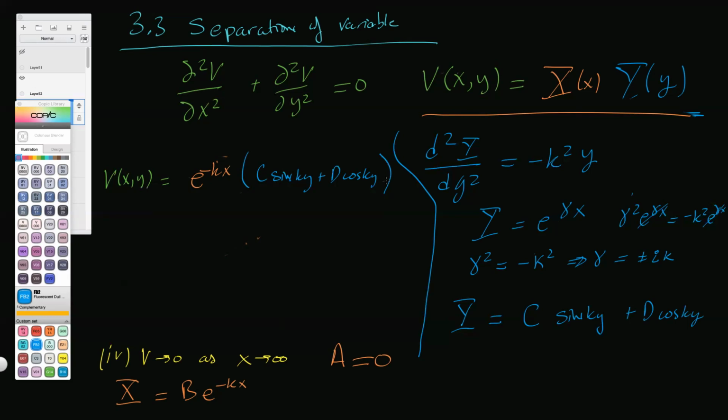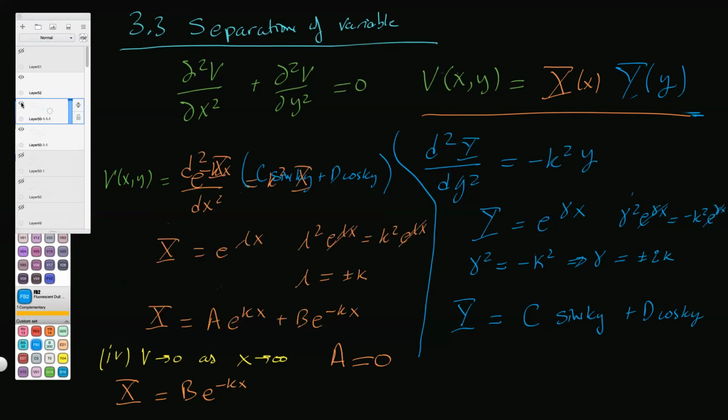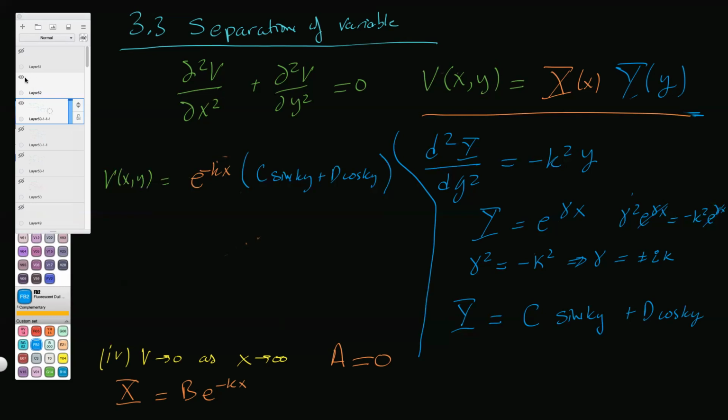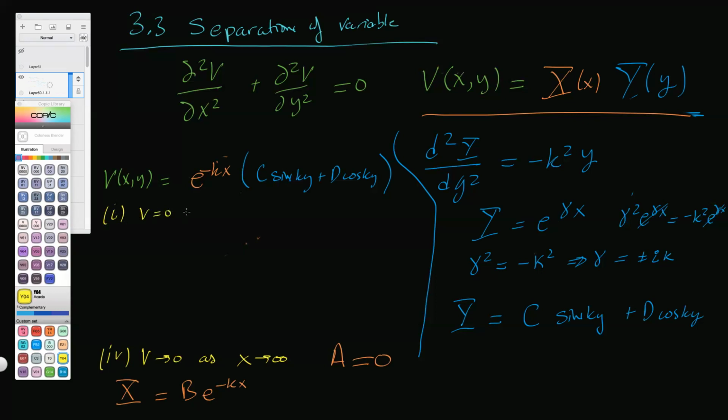Now we have to move on to the next boundary conditions. Boundary condition 1, V equals 0 at Y equals 0. Let's do that one. It's V equals 0 when Y equals 0 because the plate's grounded.